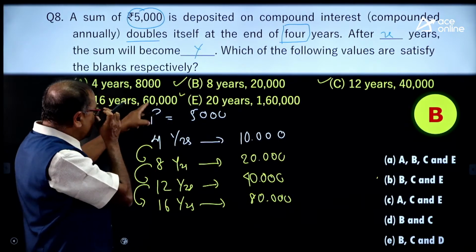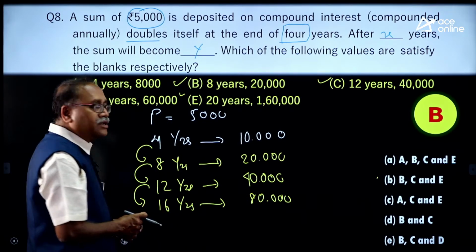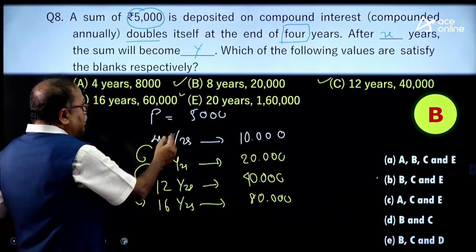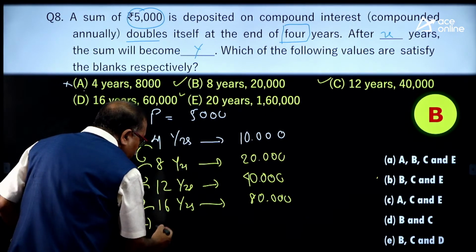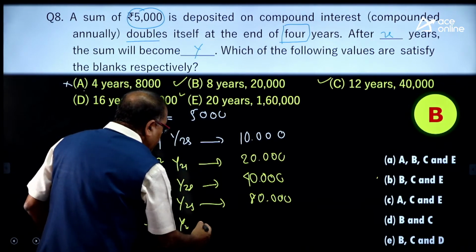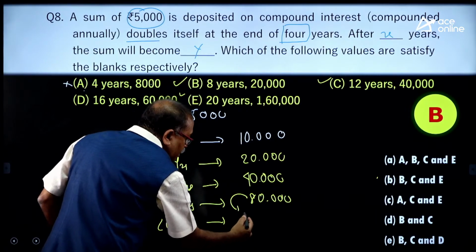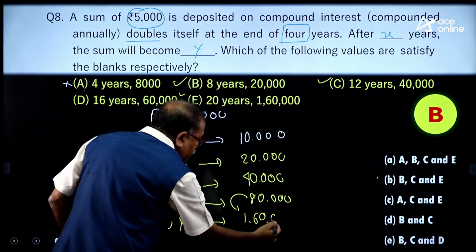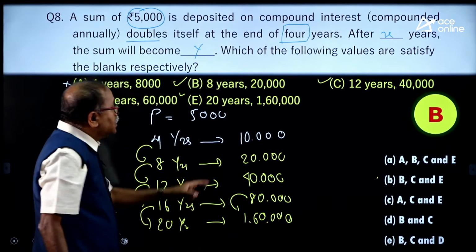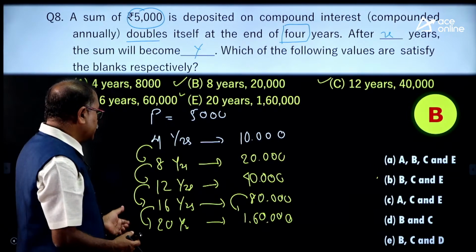Check that in 16 years it is not 80,000, it is 60,000. So, eliminate that. In another 4 years, that is in 20 years, the amount gets double over here, that means 1,60,000. It is there, that means it satisfies.